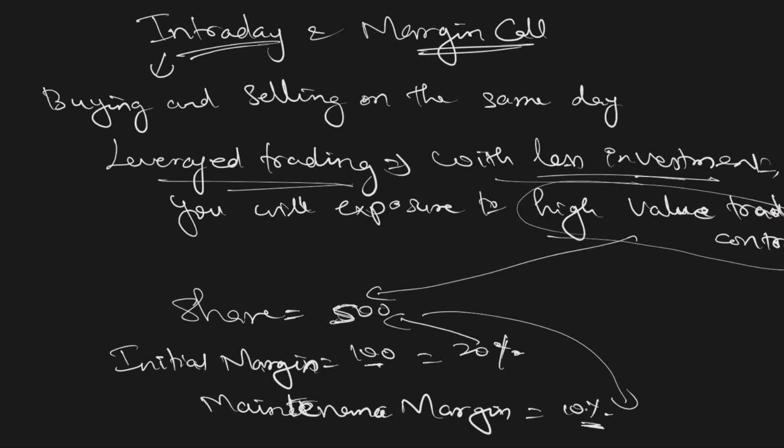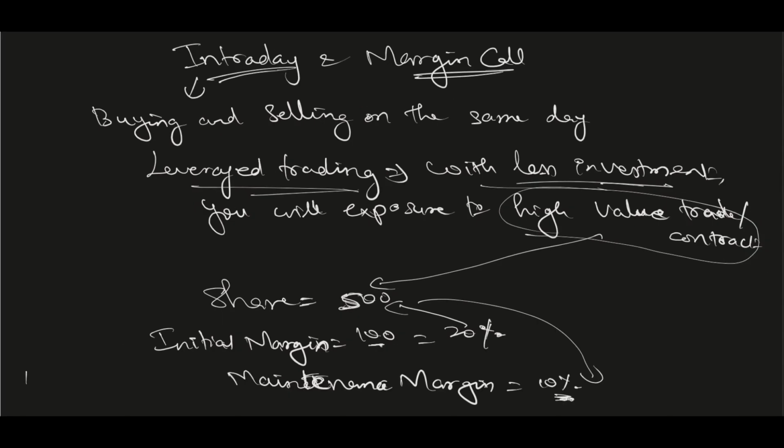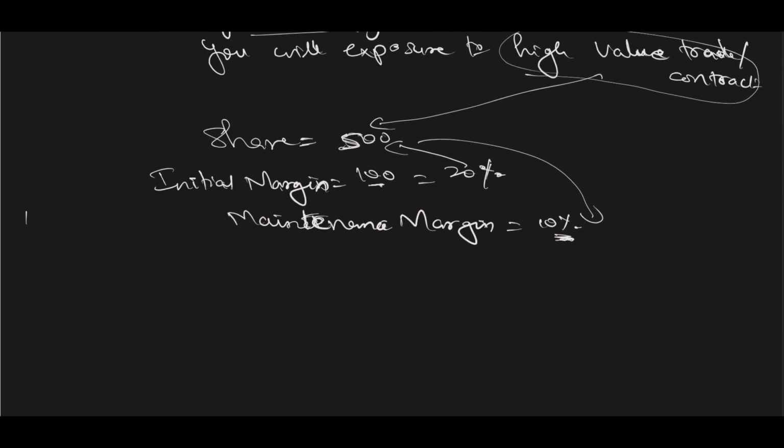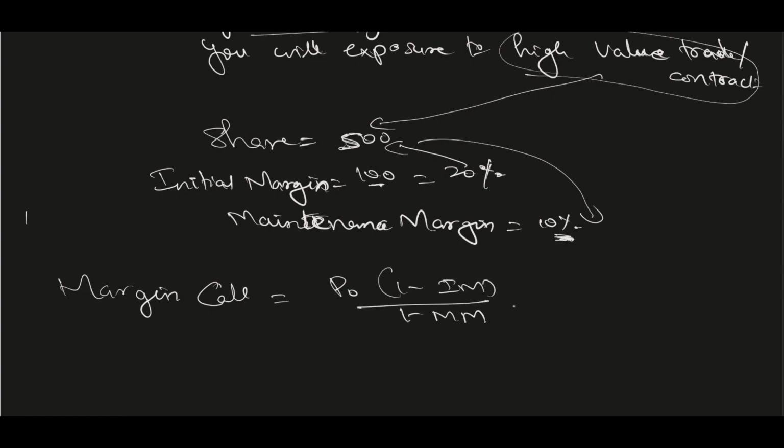Later on, the stock price comes down. At what time will you have to pay more again? That's what we are going to calculate now. The formula to calculate the margin call, meaning when you will have to pay again, when your broker will call you up and you will have to pay to bring up your balance: margin call price is P0, that means current price, into 1 minus initial margin divided by 1 minus maintenance margin.